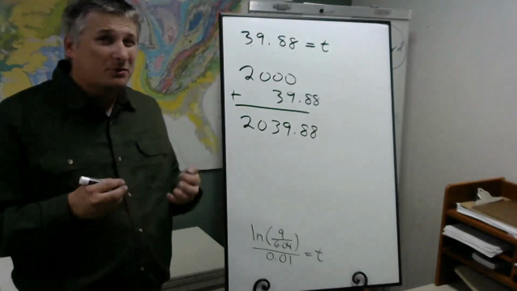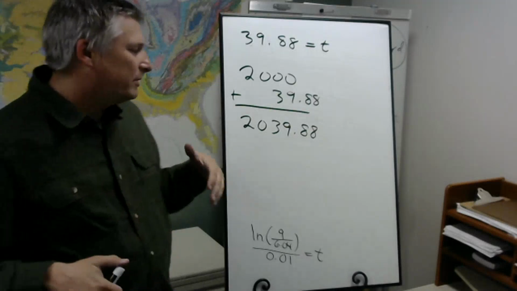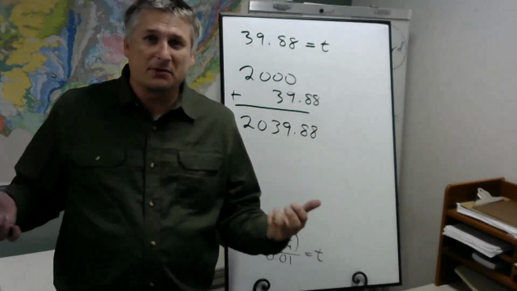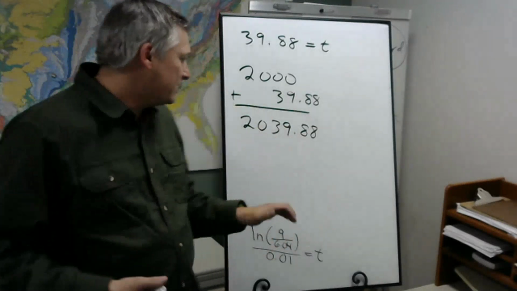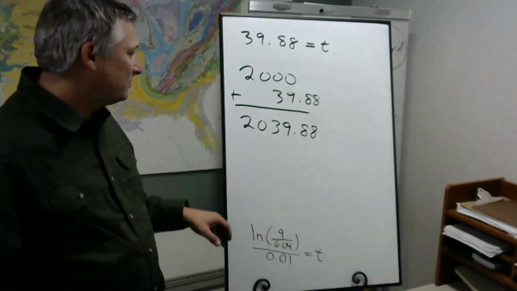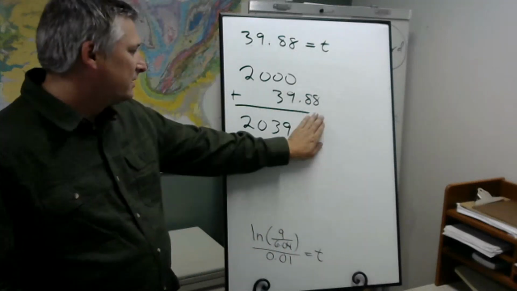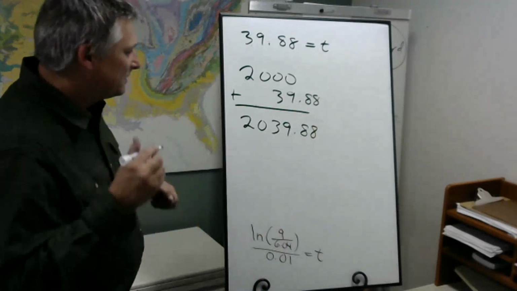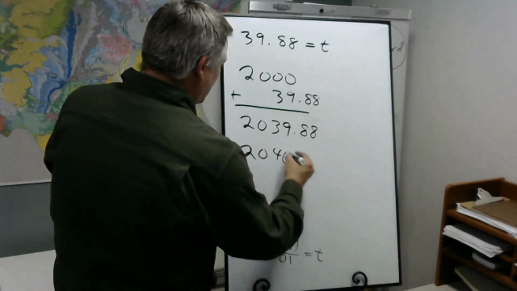And they might want you to round it to the nearest year, because if you say Israel will reach a population of 9 million by the year 2039, well, no. New Year's of 2039, that's not 2039.88. So Israel's population would be just under 9 million at this time. So the safest one to say would be to round up to 2040.